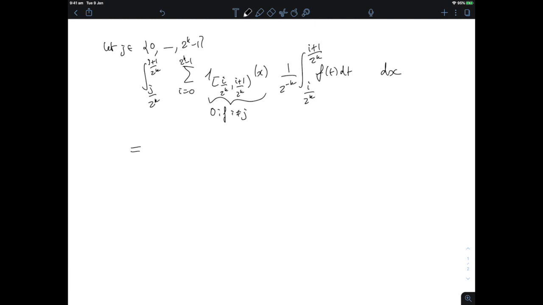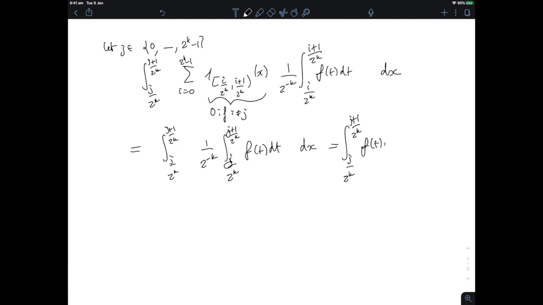So what I have here is the integral from j/2^k to (j+1)/2^k of 1 upon 2^(-k) times the integral from i/2^k to (i+1)/2^k of f(t) dt dx, and because these intervals have length 2 to the minus k, this is exactly equal to the integral from j/2^k to (j+1)/2^k of f(t) dt.